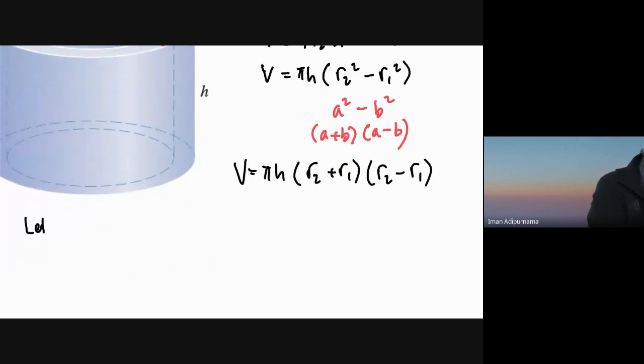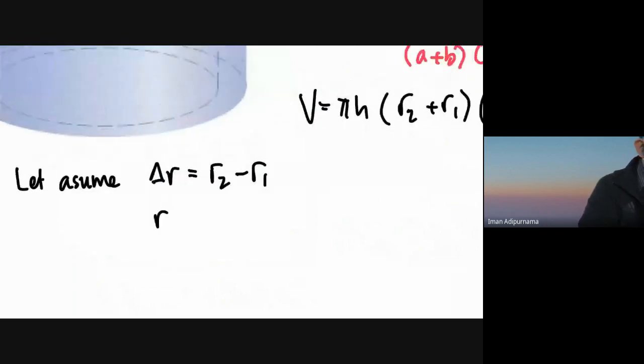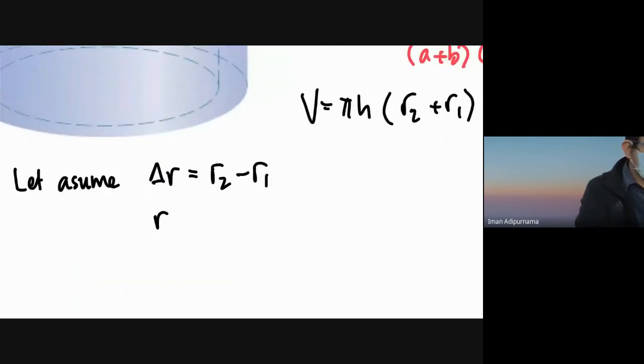Let's assume that delta R is the difference between R2 and R1, and the average radius R is half of R2 plus R1.